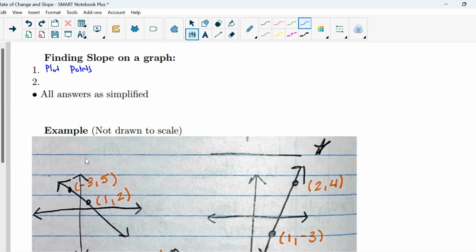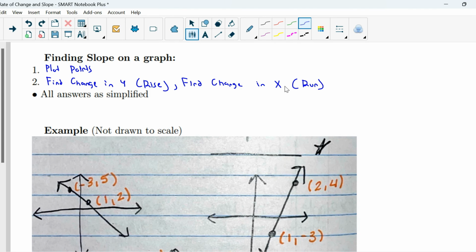The second step is we need to find the change in y, which is our rise, or our vertical change, and we need to find the change in x, which is our run, or our horizontal change.